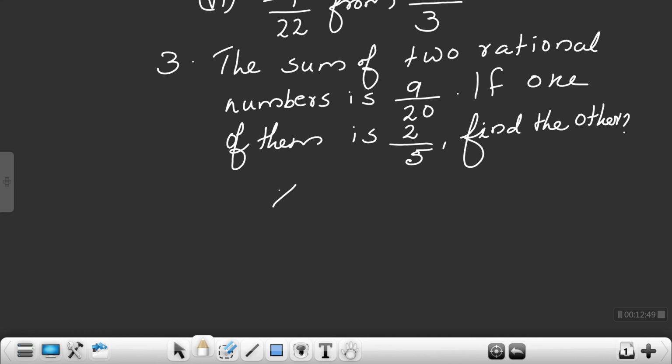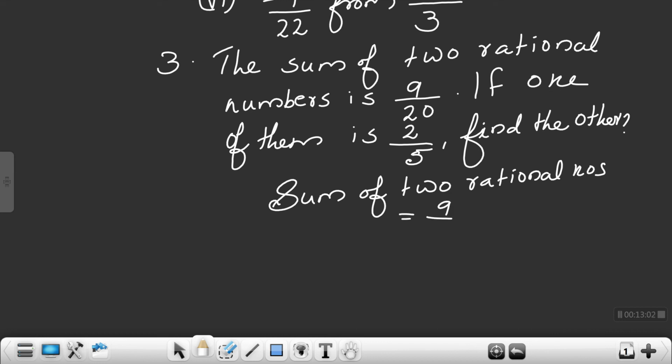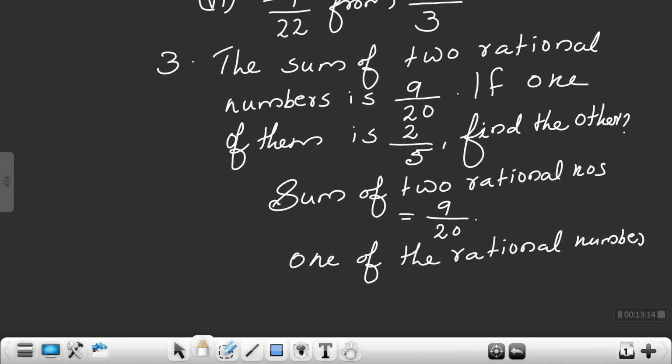So, given data, first we write: sum of two rational numbers is equal to 9 by 20. One of the rational numbers is equal to 2 by 5.